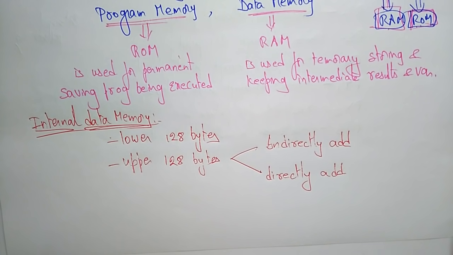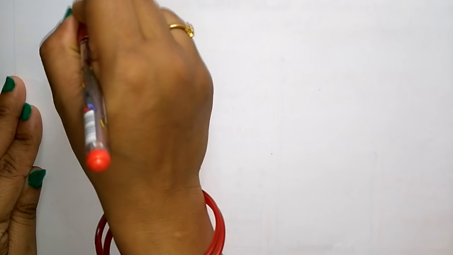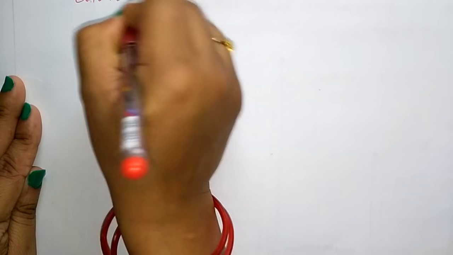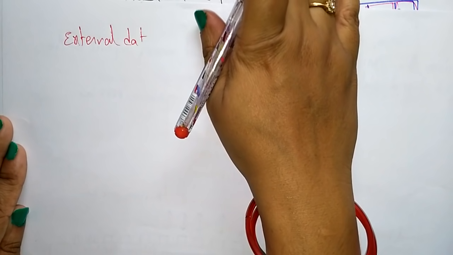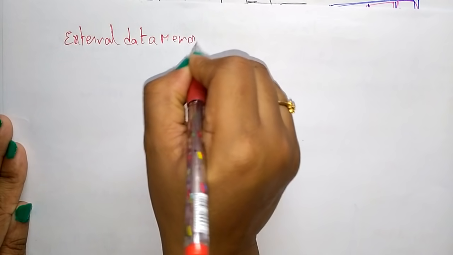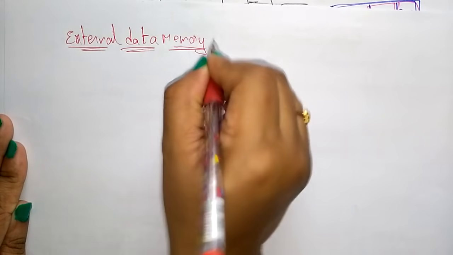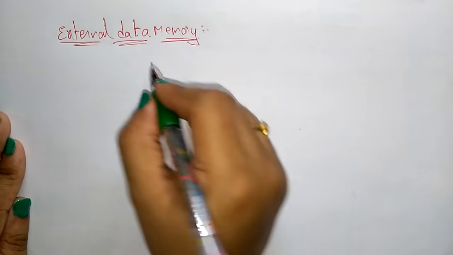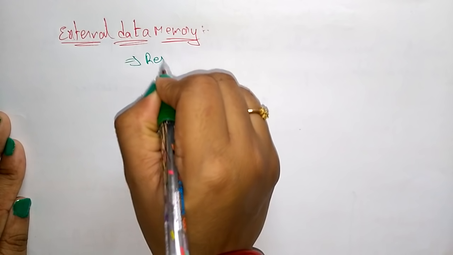And coming to the external data memory. External data memory first resides off chip.